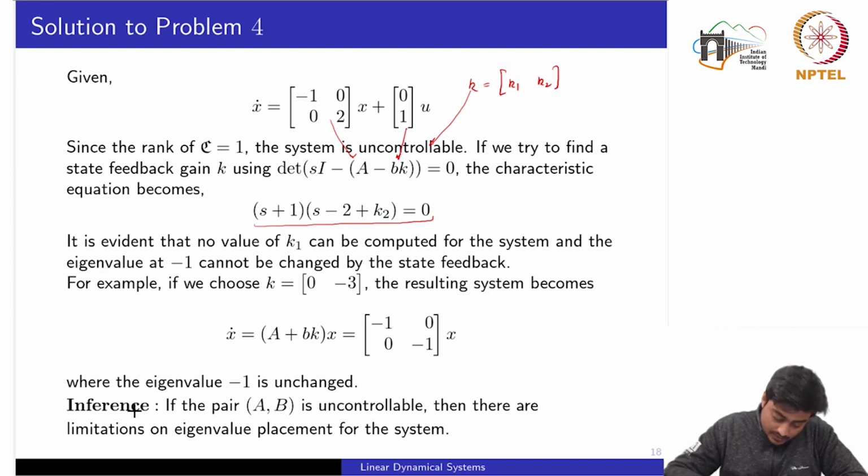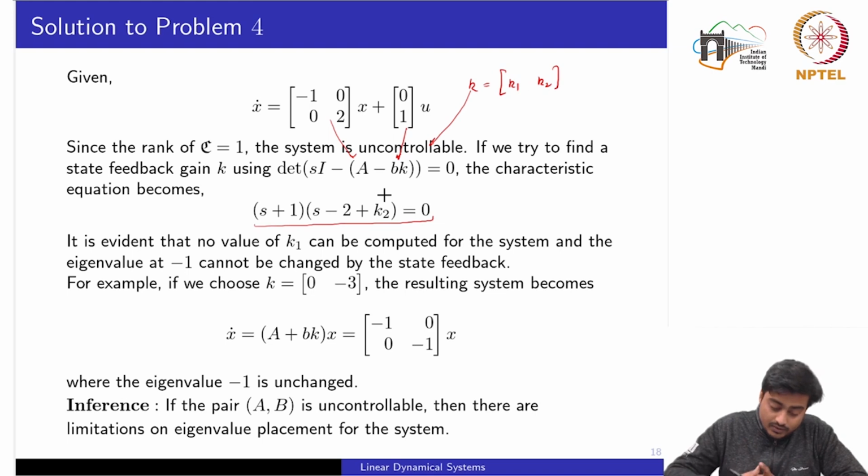Okay, so the inference we have drawn from solving this problem is that if the pair AB is uncontrollable, then there are limitations on eigenvalue placement for the system. It also shows that depending on the rank of the controllability matrix, only one of the eigenvalues can be placed anywhere.